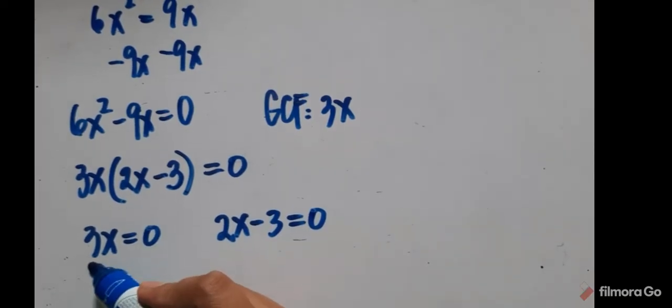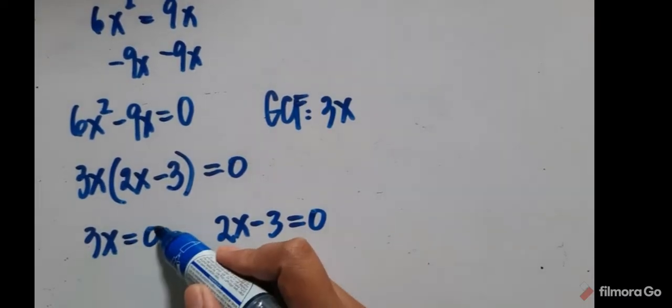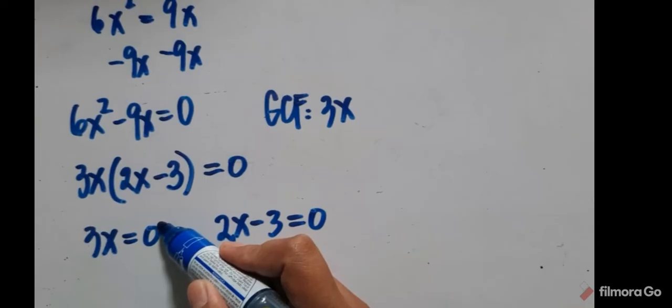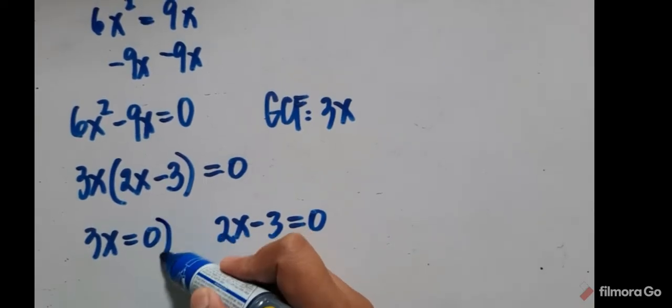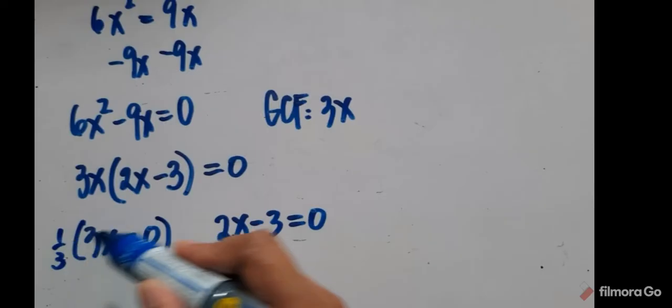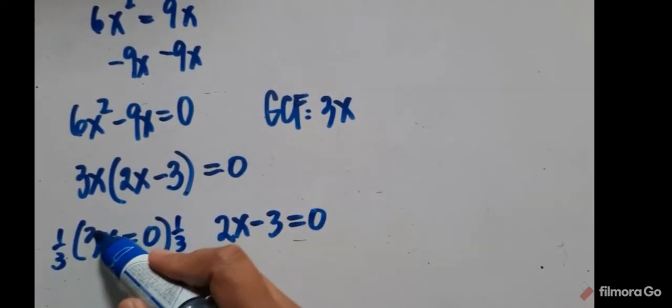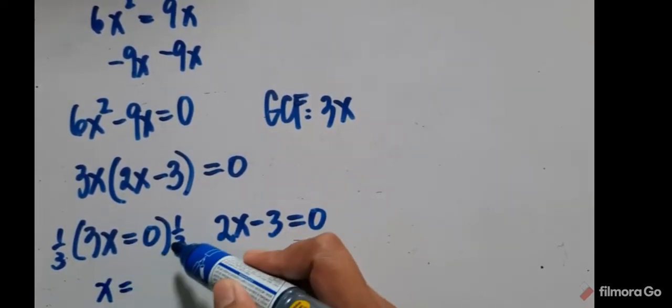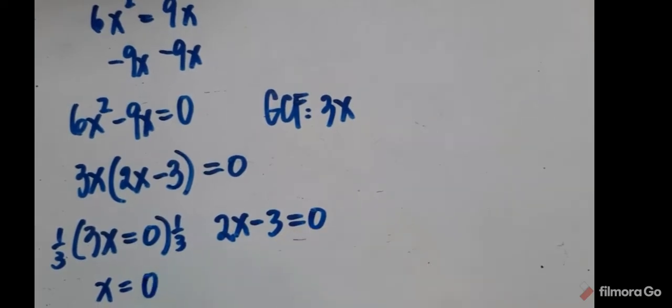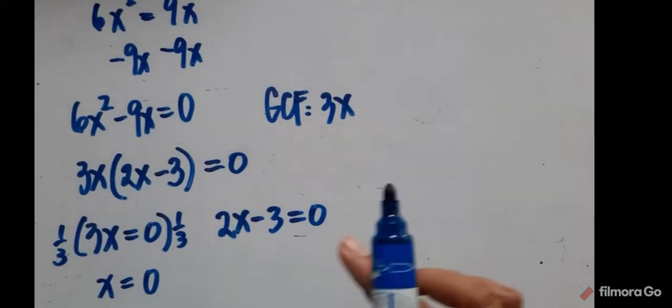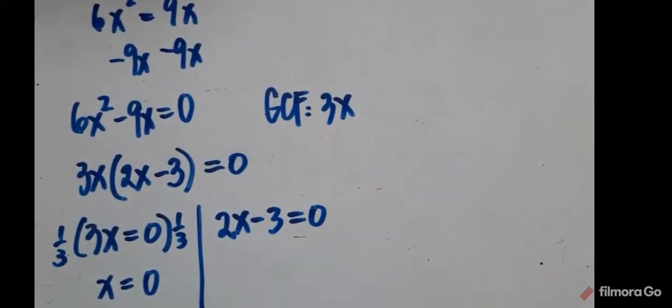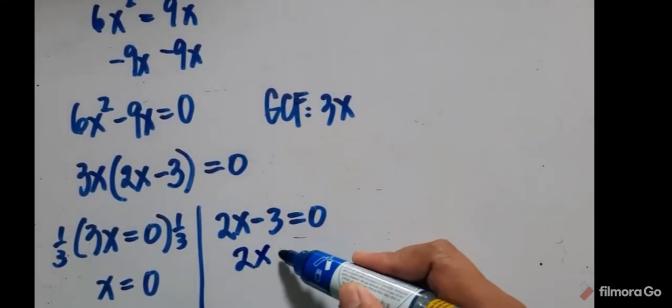So in this case, 3x, we multiply it with 1/3. So x is equal to 0 times 1/3, which is 0. So our first root is 0.